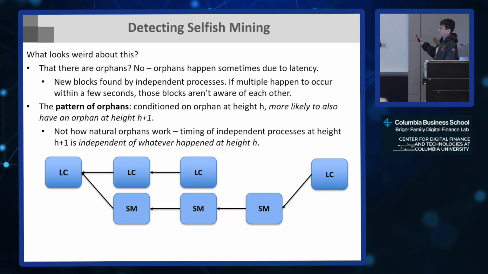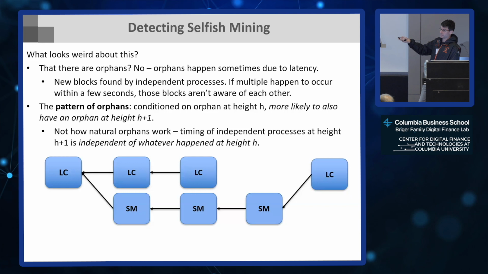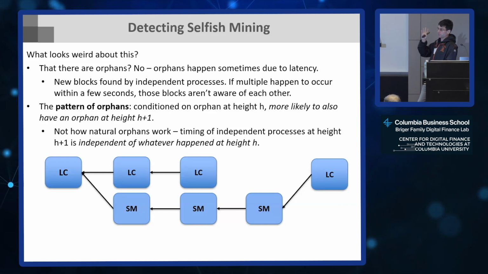However, if someone is selfish mining, the fact that you have an orphan block here makes you much more likely to have an orphan block in the next time step too. So what you are much more likely to see is runs of orphans, compared to just the raw number of orphans. Proportionally, most of the orphans will appear in long runs. That's what's odd about this.